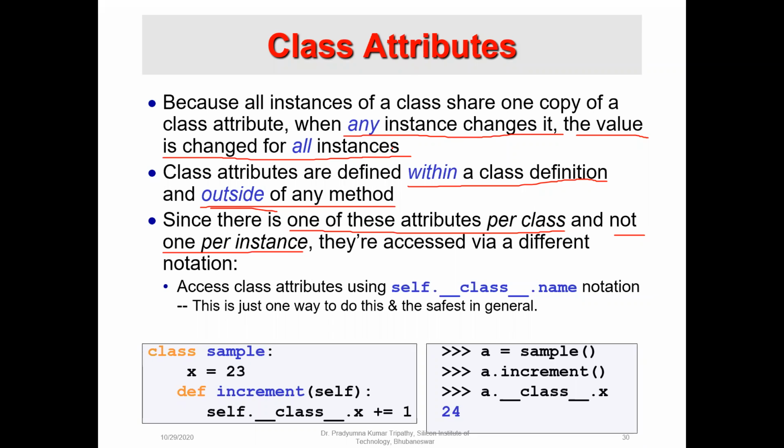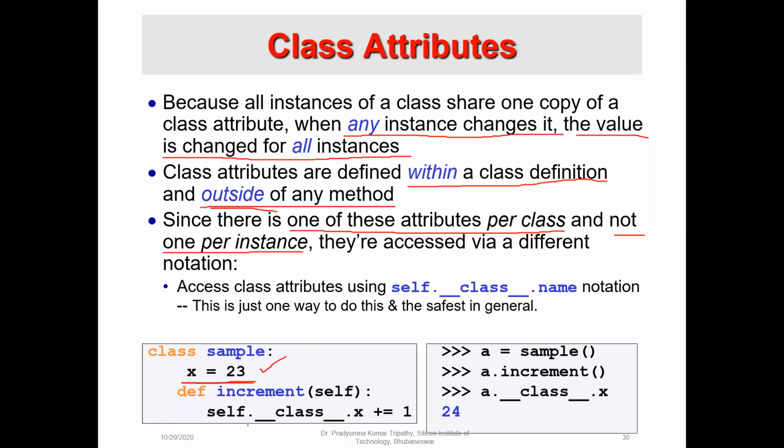Just look over here. Example. Suppose I have a class Sample. If you define something which is not inside the INIT, is it inside the INIT? X is equal to 25 is not inside INIT. So this is a class attribute. It is not inside INIT, right? This is a class attribute.